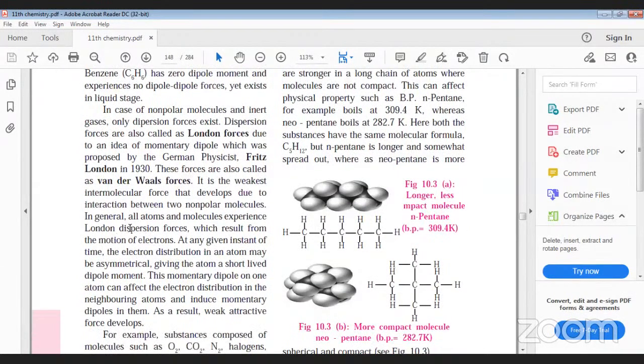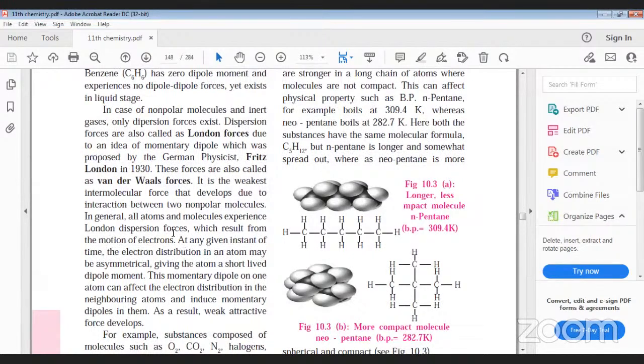All atoms or molecules experience London dispersion forces, which are a result of the motion of electrons. Now see, students, an atom has a nucleus in the center, and around it electrons are present. Electrons are moving around a positively charged nucleus.